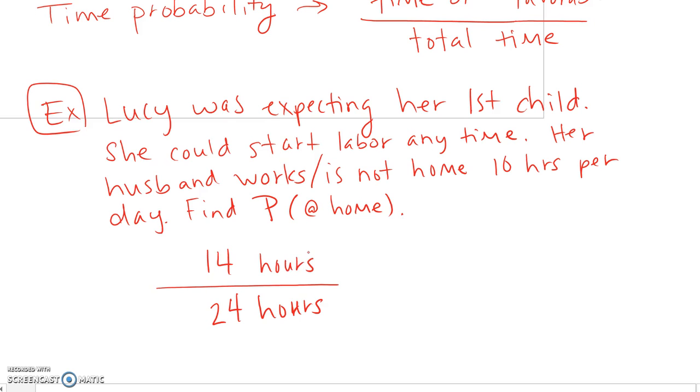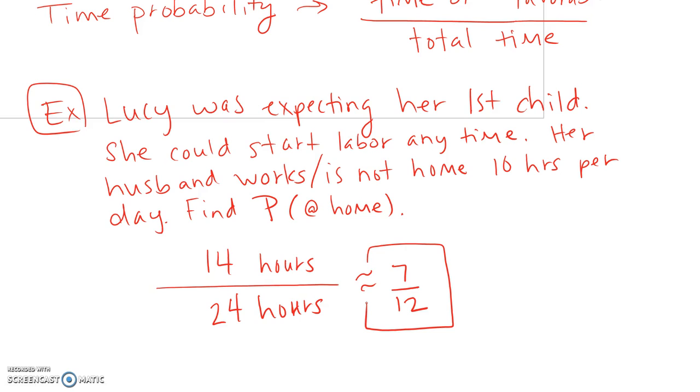And that reduces to 7/12. You may leave it as a fraction, or you can change it as a percent, whichever you prefer. I happen to not be sitting here with a calculator, so I'm going to leave it as 7/12. There's a 7/12 probability, a little better than half, that he will be at home when she goes into labor.